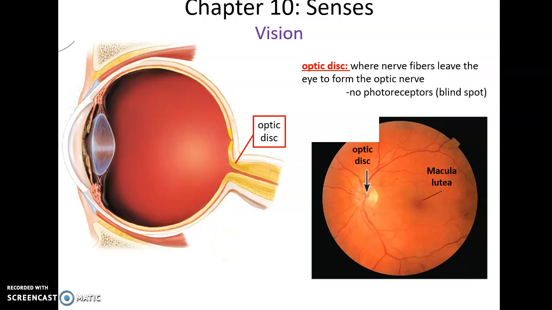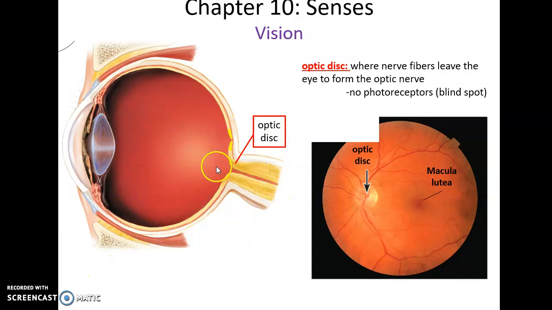Which means we all have two little blind spots in our field of vision where there are no photoreceptors able to allow us to see in those spots. However, we aren't consciously aware of those blind spots because the brain fills in the blanks. It just takes whatever is surrounding that little spot of nothing and fills it in.